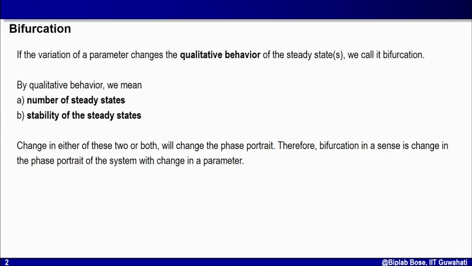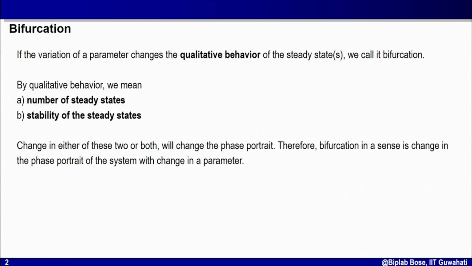If you remember, we are trying to understand the dynamics of a system in terms of one or more ODEs, and in these ODEs you will have dependent variables and an independent variable. The independent variable is time, and apart from that there will be parameters which remain constant with respect to time. In a system there can be a situation where the qualitative behavior changes as we change the numerical value of a parameter.